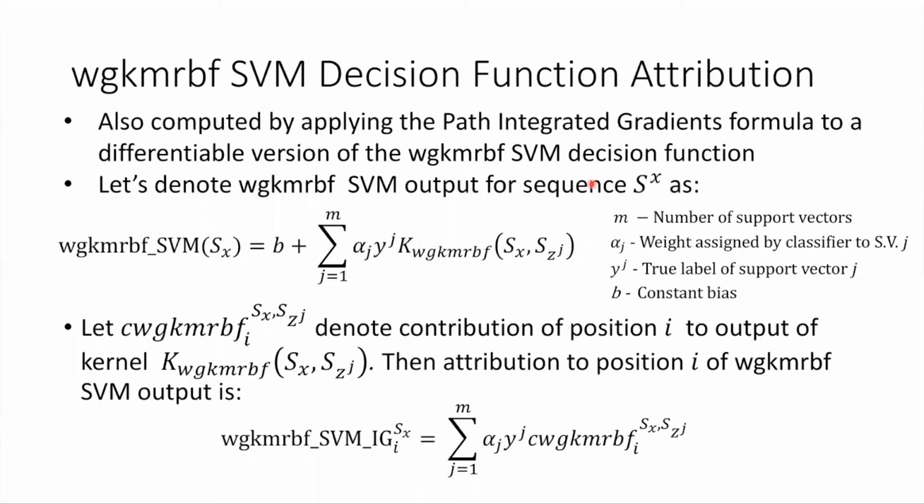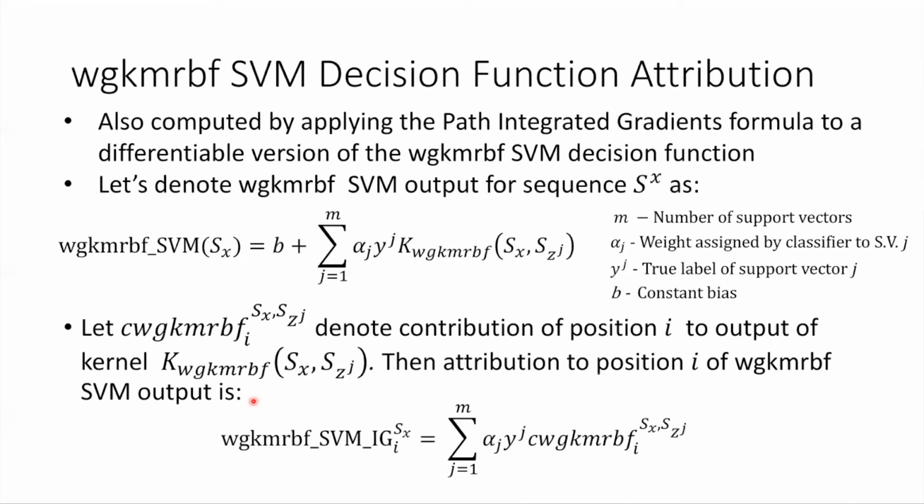In this slide, I'll cover attribution for WGKM RBF kernel SVMs. At a high level, the formulas here are quite similar to those for the WGKM kernel. So the WGKM RBF decision function is calculated using the WGKM RBF kernel similarity scores of sequence SX with each of the support vector sequences.